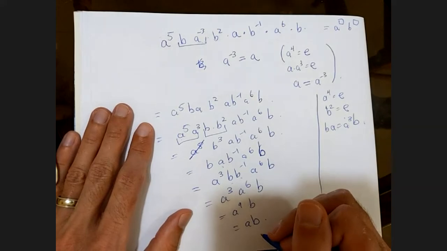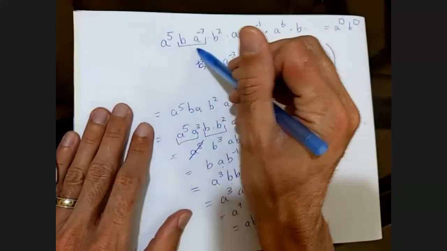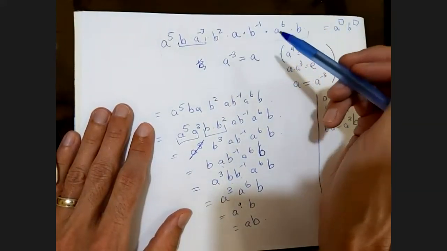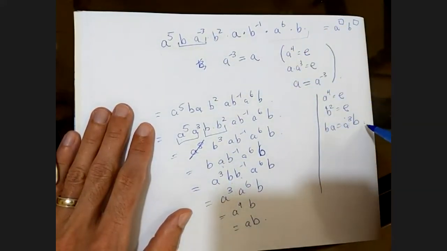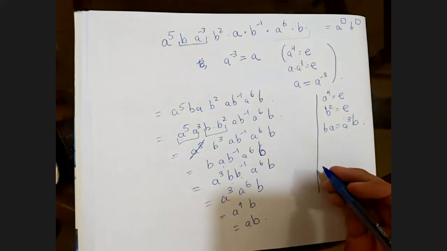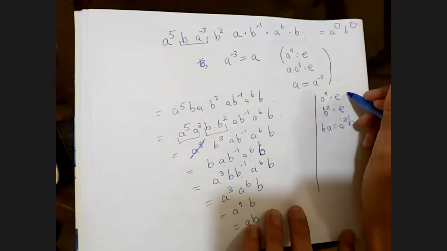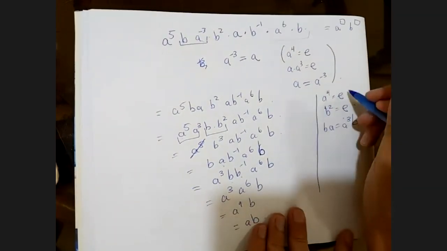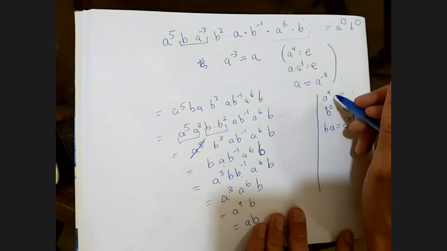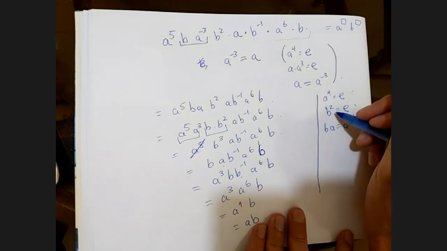Okay, and so you can see, no matter what crazy string of A's and B's and A inverses and B inverses, just using these three relations, I can always move all the A's to the left and all the B's to the right. And using these two relations, my power of A is going to be either A to the 0, A squared, or A cubed. My power of B is just either going to be B to the 0 or B to the 1.